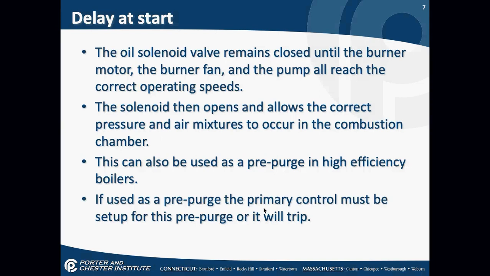So the oil valve solenoid remains closed until the burner motor, the fan, and the pump all reach correct operating speeds. The solenoid then opens and allows the correct pressure and air mixtures to occur in the combustion chamber. We can also use this as a pre-purge in high-efficiency boilers.